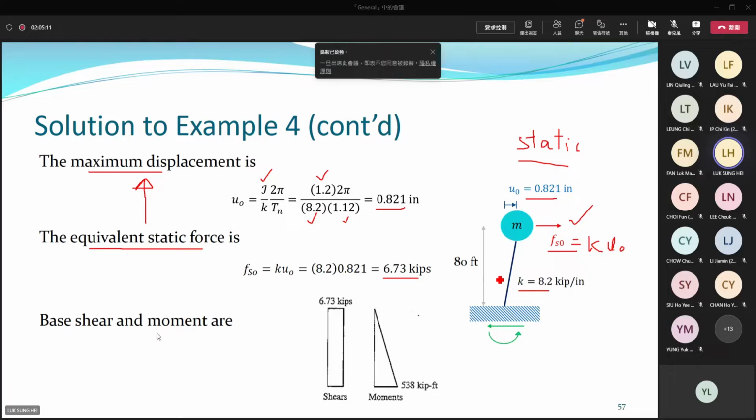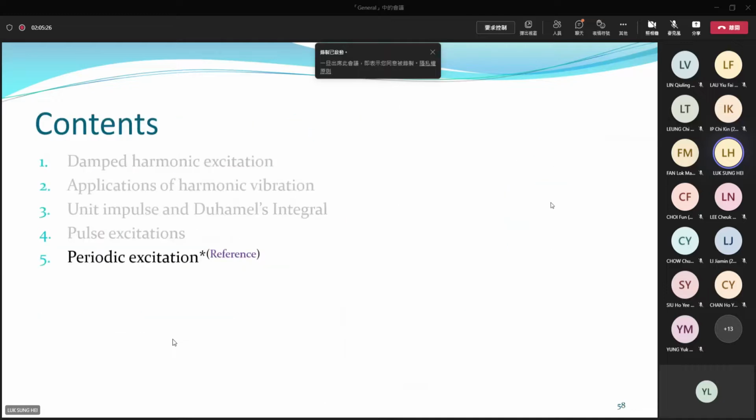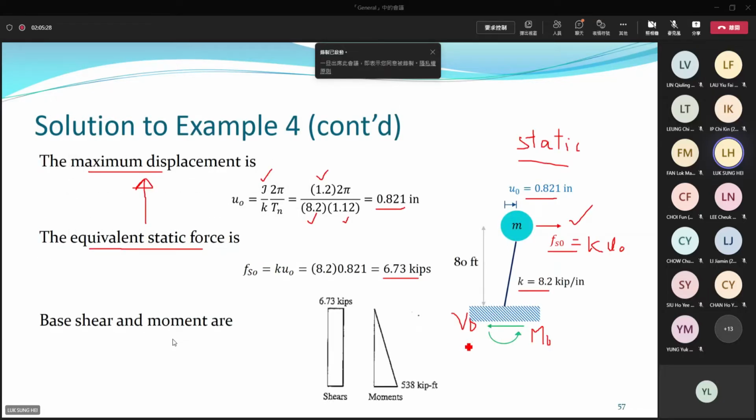Then what about the base shear? What about the moment? You may treat this as static problem at this time. Will be equal to the loading force, the loading Fs0, which is equal to 6.73.